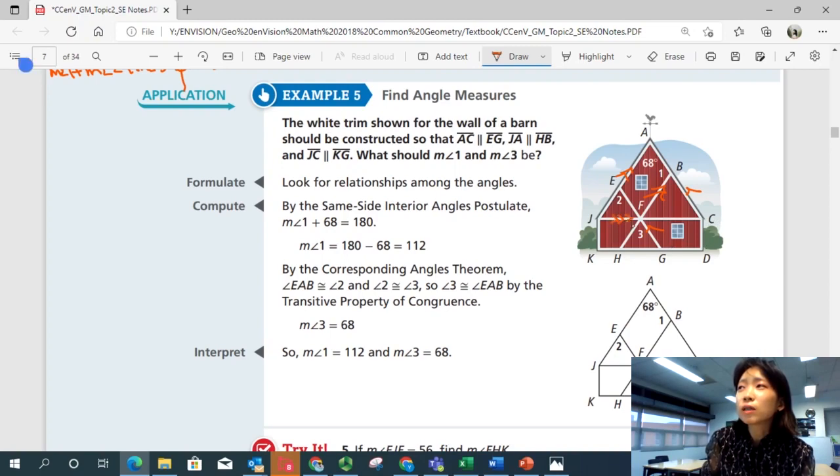Okay, 1, 2, 3, 1, 2, 3. What should the measure of angle 1 and 3 be?